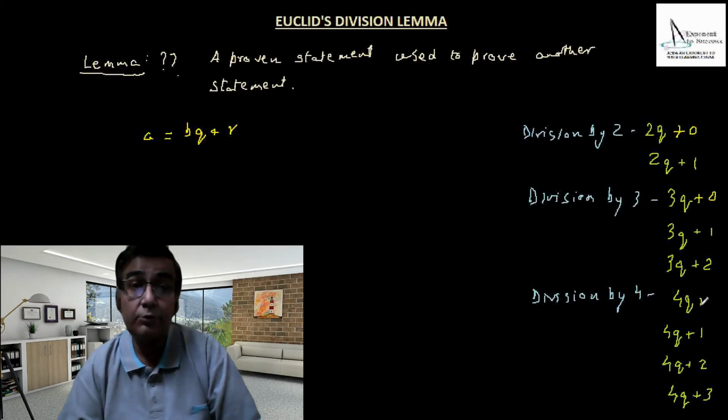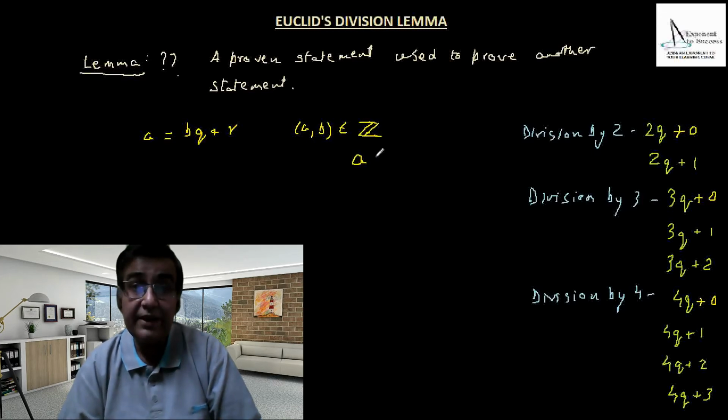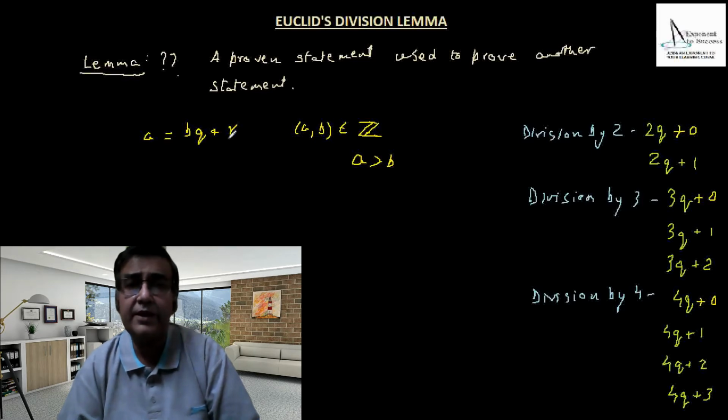Now there are some rules regarding a, b, q and r. a and b should both belong to integers. a should be greater than b, but even if it is less than b, it does not matter, because then it just leaves a quotient of 0. So that's also possible.